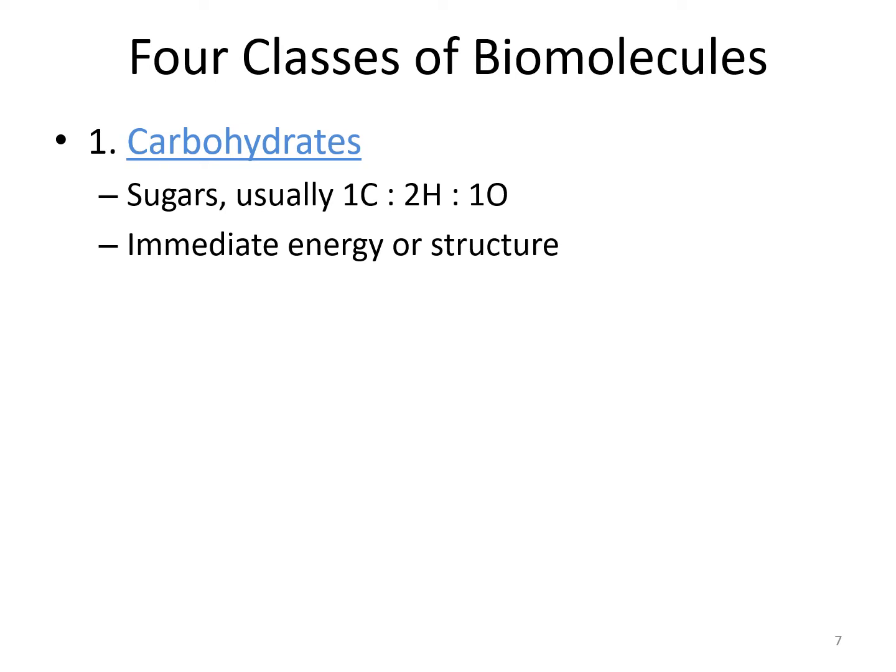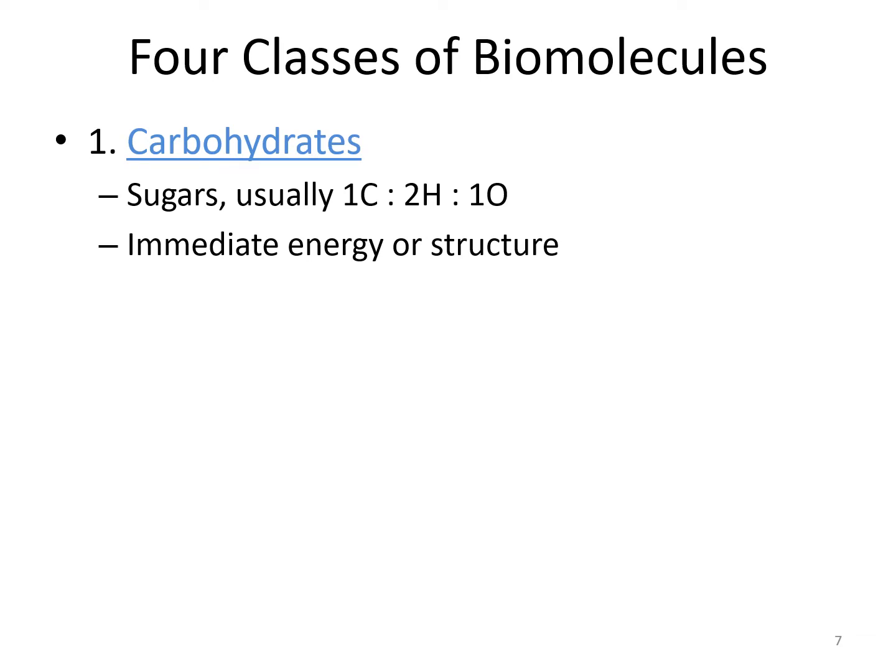As I just said, the carbohydrates provide immediate energy and structure to a lot of different things within our bodies. These are sugars, right? So whether you're eating a candy bar or a potato, all of these have carbohydrates, so sugars within them.